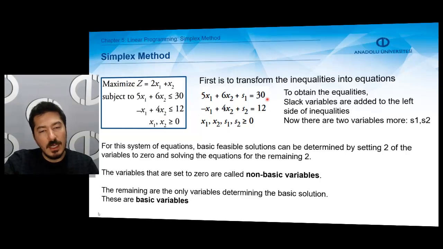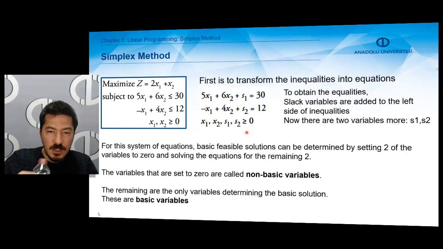The equality forms of the constraints with the added slack variables are given in the middle in these equations. Now we have two more variables, S1 and S2, and these also have a constraint of non-negativity.